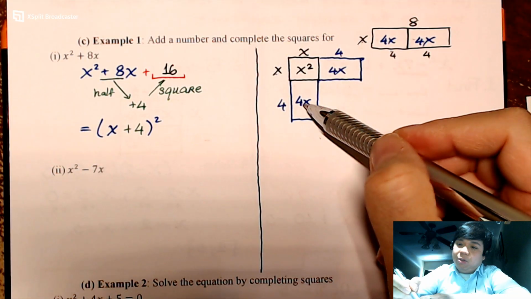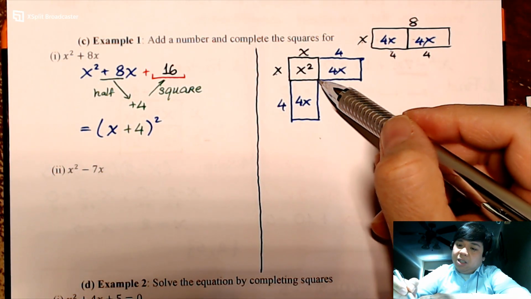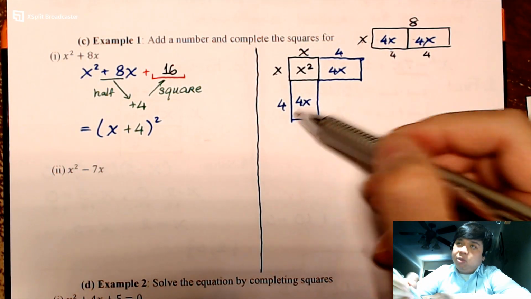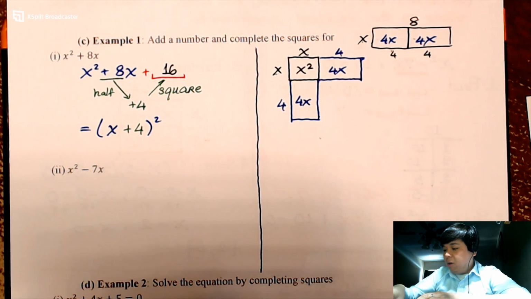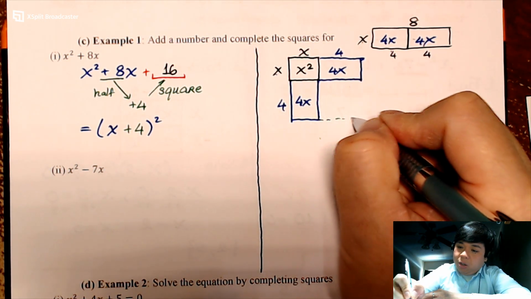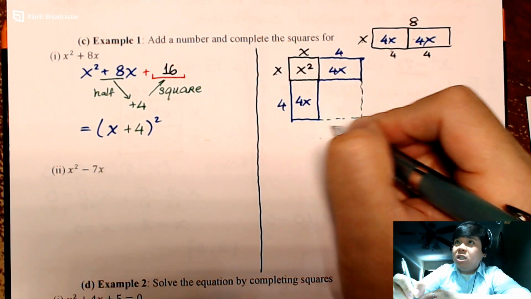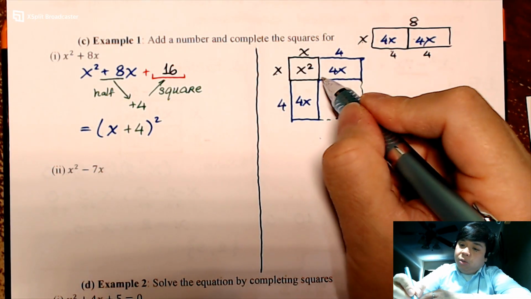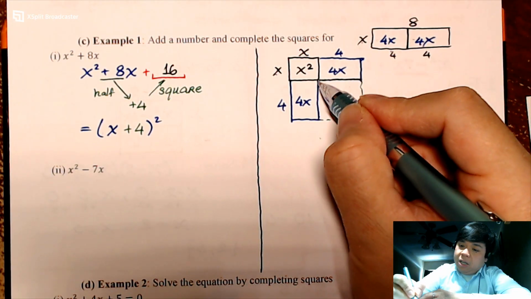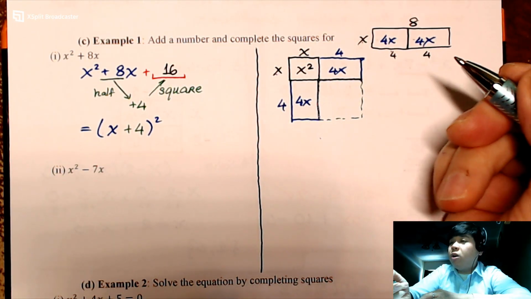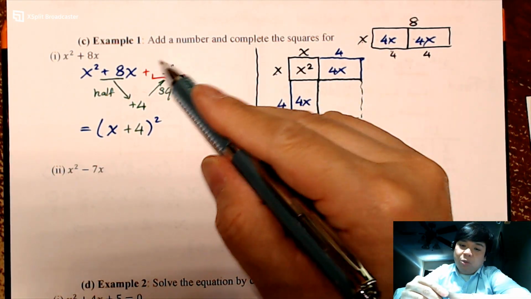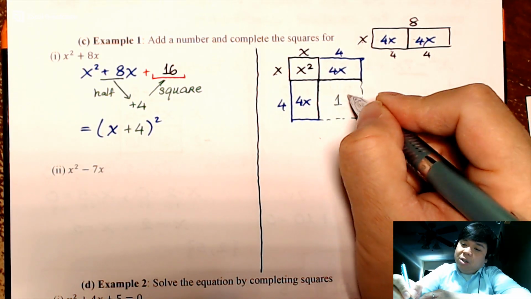Ax, 4x and 4x. And now to complete the square, we need to write that part. So then I ask you, what is this area? And you say, oh, okay, this is 4 and this is 4. So 4 by 4, that makes 16. So that's why we found the number 16.